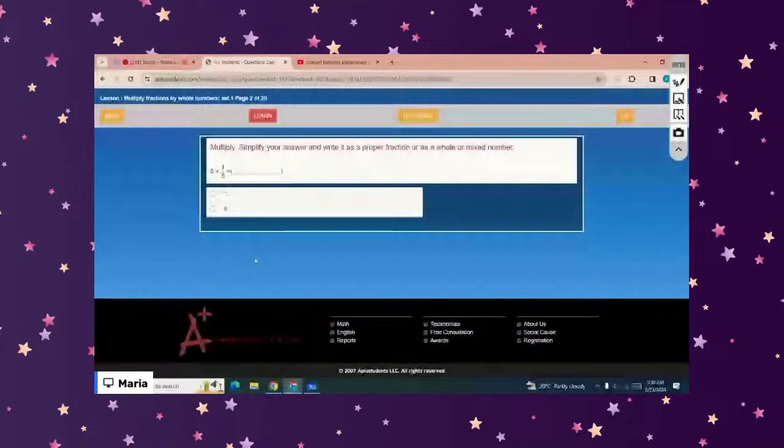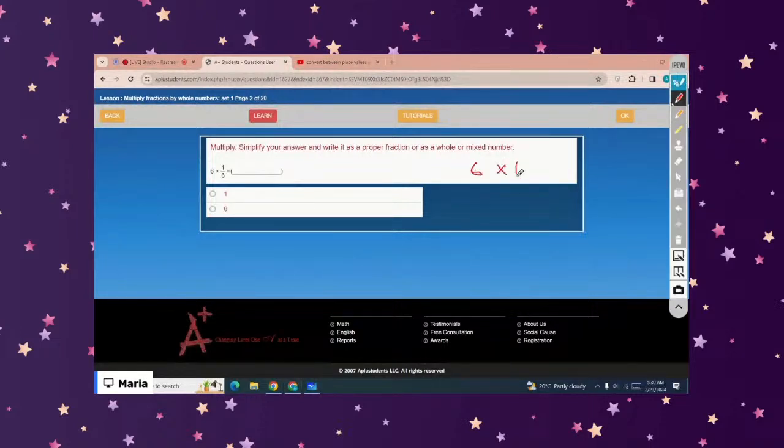Like the next one is 6 times 1 over 6, right? So what you have to do, that is 6 times 1 over 6. So 6 is the whole number. That doesn't have any denominator, right? That means its denominator is 1. You can simply do numerator times numerator, denominator times denominator. So 6 times 1 is 6 and 6 times 1 is 6.